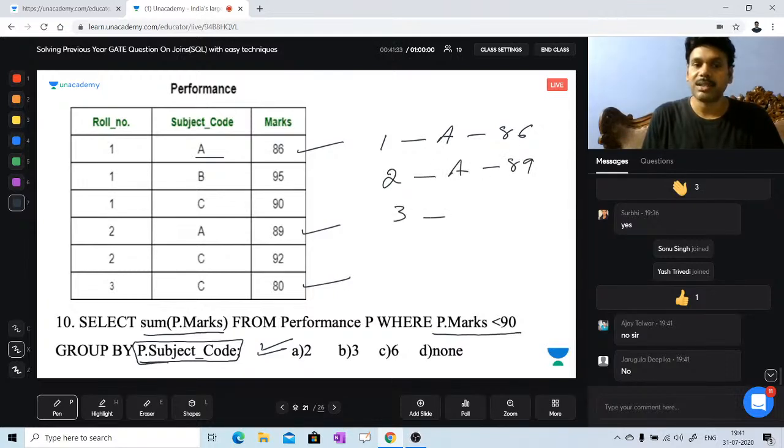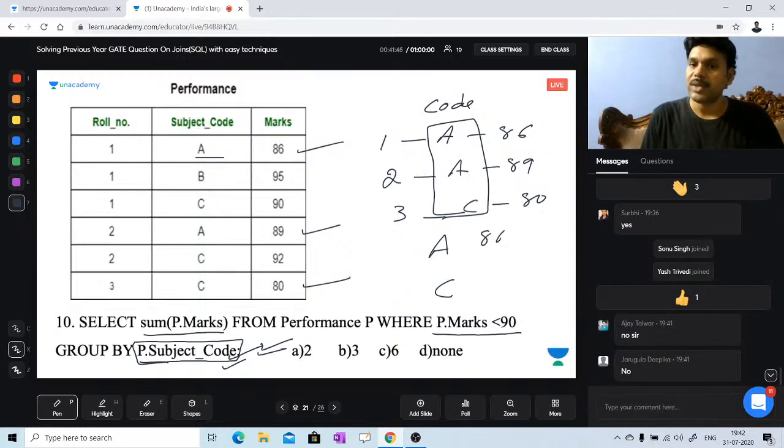Next we have 3, C, 80. As you are grouping on subject code, they are being clustered together. So you will get finally A and C. 86 plus 89 will be summed, and 80 will be displayed separately. Okay, let's crack the next question.